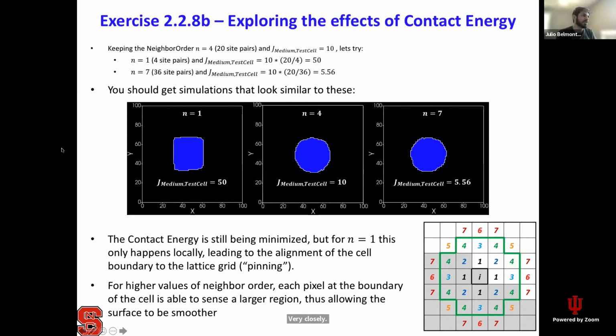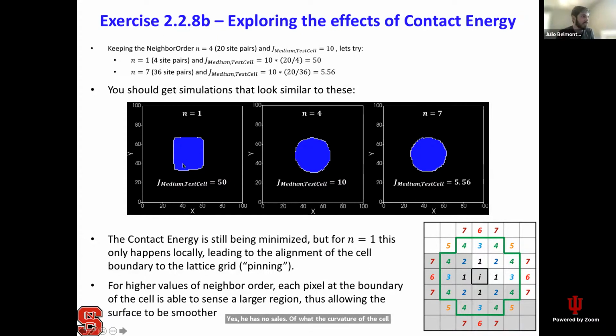So that site flip is still looking very close to your cell. Even though you have a much higher adhesion energy of your cell with the medium, the contact energy term is only looking very locally, and so it has no sense of what the curvature of the cell is at long ranges.